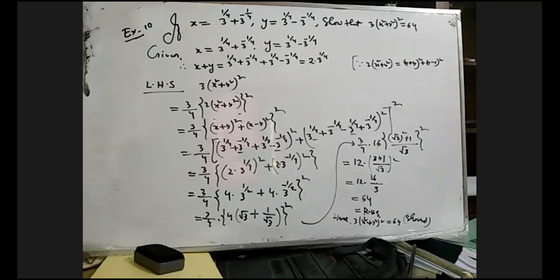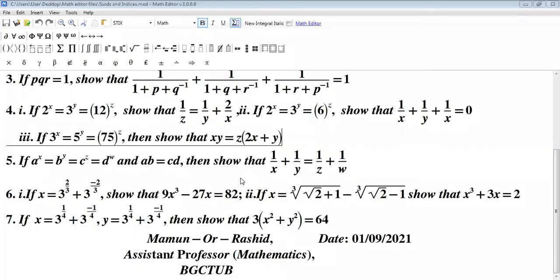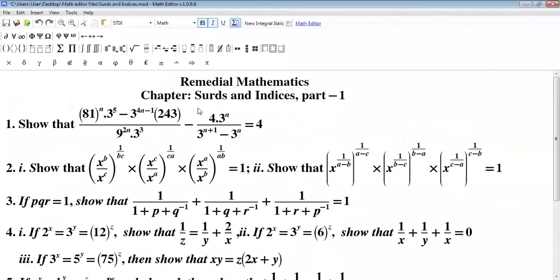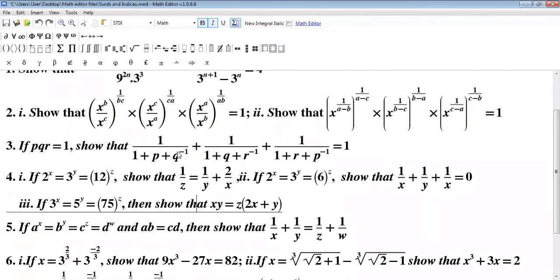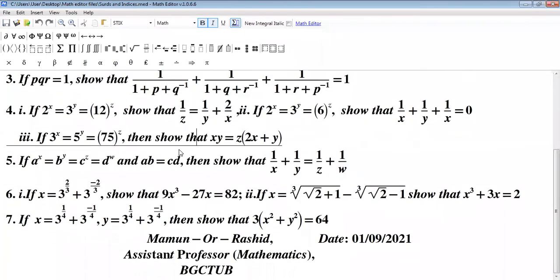Okay, thank you. For this we have actually solved 10 problems. These problems I have solved today. This is part of surds and indices. We have solved 10 examples from there. And this example is the last example I have proved.